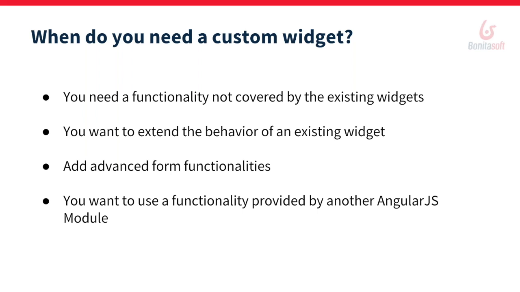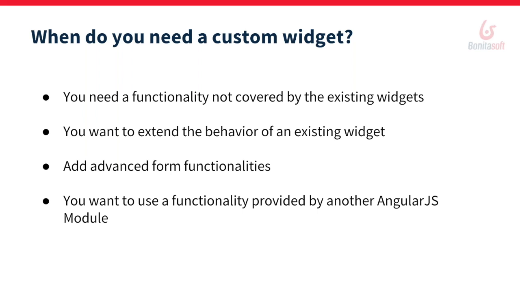It's really interesting if you actually want to depend on another AngularJS module, because when you design a page, at the page level, you have no way to tell that your page depends on another AngularJS module.